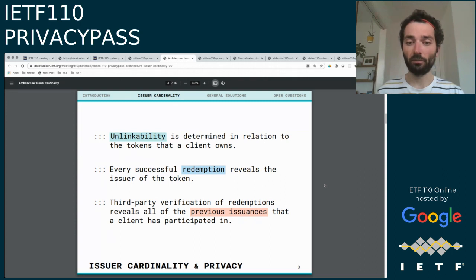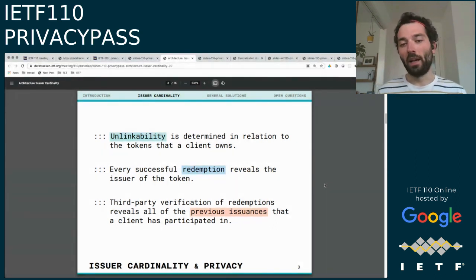And so the number of issuers in an ecosystem transitively leads to the number of different tokens all signed under different keys in an ecosystem as well. And so when a client redeems tokens from multiple issuers, they build a profile with which they can be linked, and that client identity is then linked to the anonymity set of clients that possess all the tokens that client has redeemed.